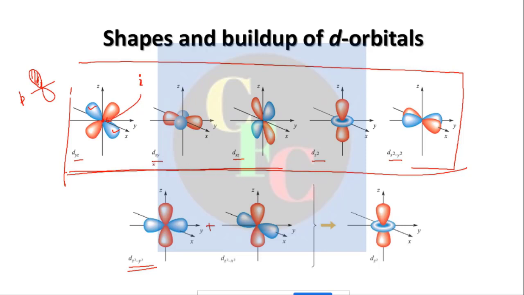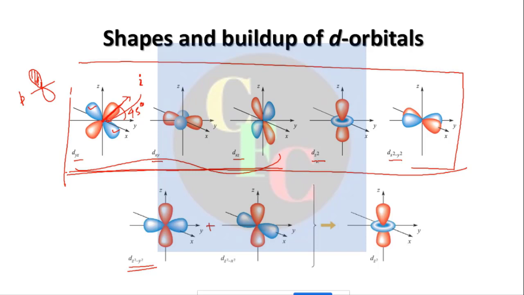Suppose dxy belongs to the xy plane, the plane of x and y, and the lobes point out in between the axes. So for xz it is in the xz plane, for yz in the yz plane, and the lobes point in between, that means at 45 degrees. So in between the axes, you can easily remember these shapes.